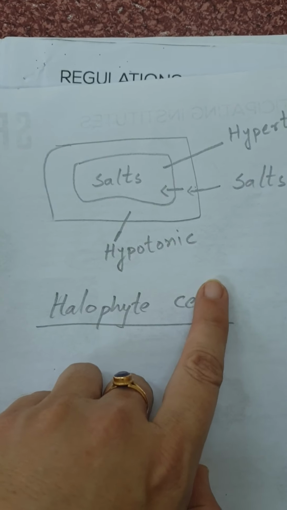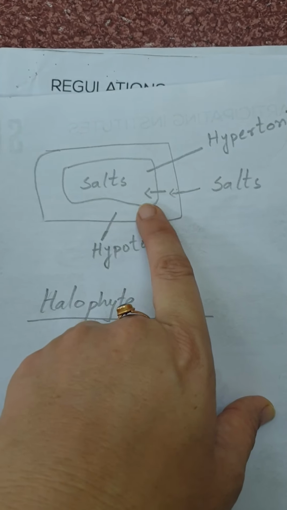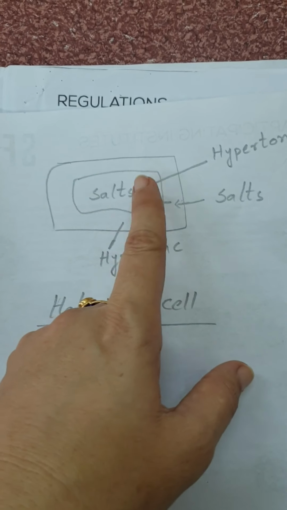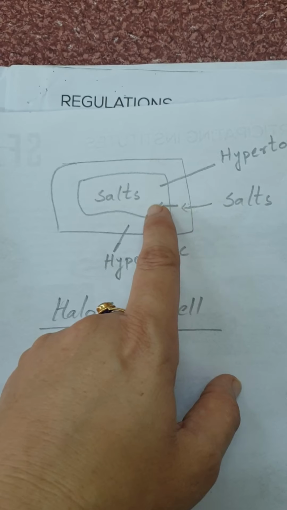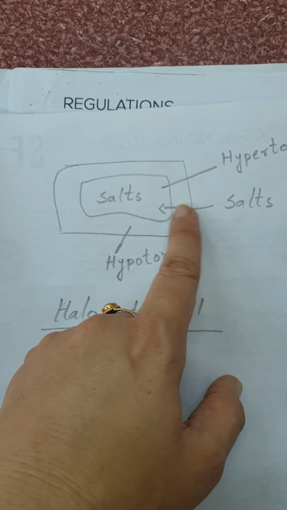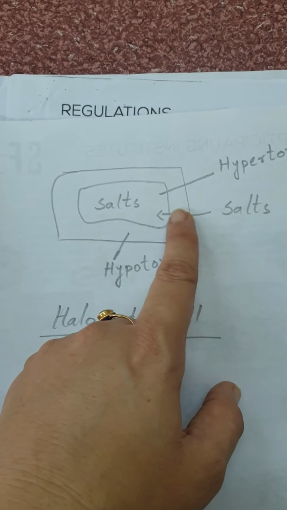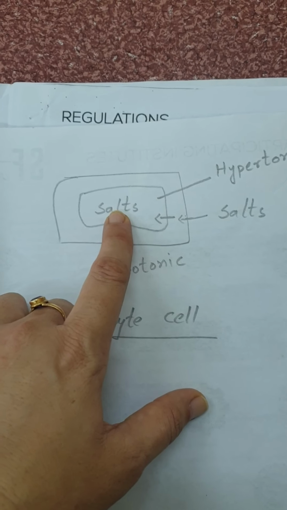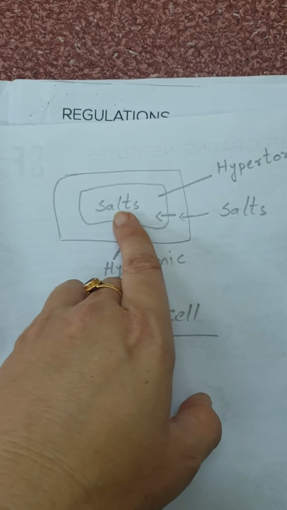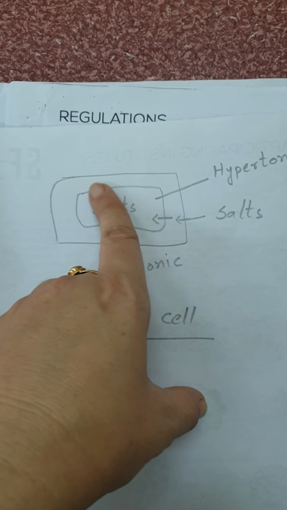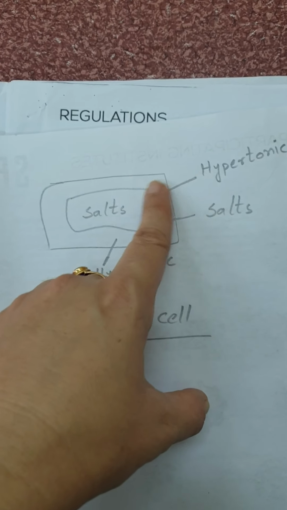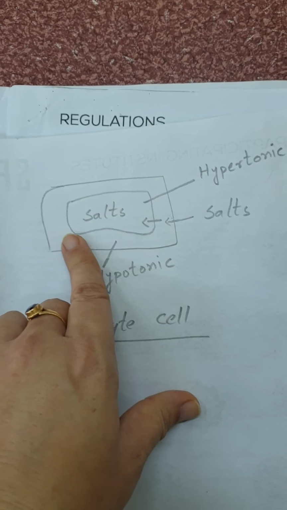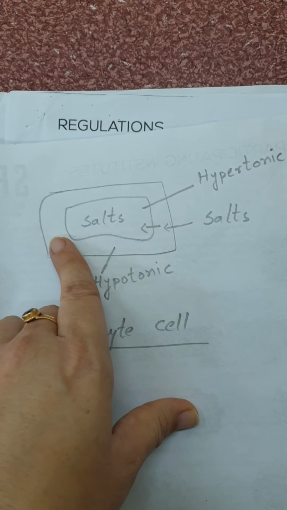The outer environment is hypertonic. The salts go inside the plant. How does the plant protect itself? By the vacuole. The vacuole membrane takes in those salts through active transport. Active transport means that this vacuole already has more salt, but further salts are moving inside the vacuole through active transport, and it keeps the protoplasm and cytoplasm safe from the salts.